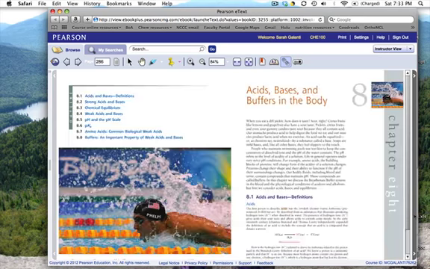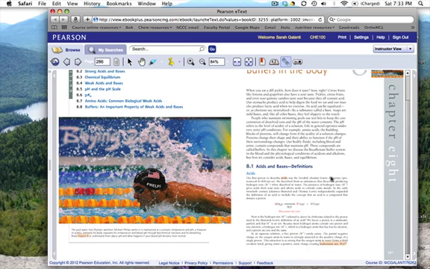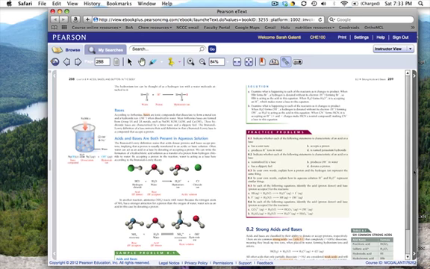All right. And lastly on the test is Chapter 8. Chapter 8 is all about acids and bases and buffers. So section 8.1, yes, you need to know definitions. You should understand the definitions of acids and bases and be able to identify an acid and a base in a given equation.